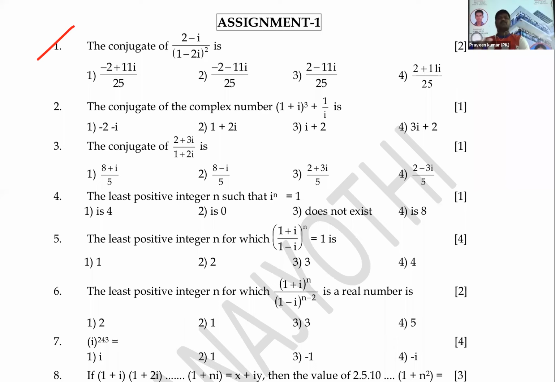The given question is (2 minus i) by (1 minus 2i) whole square.